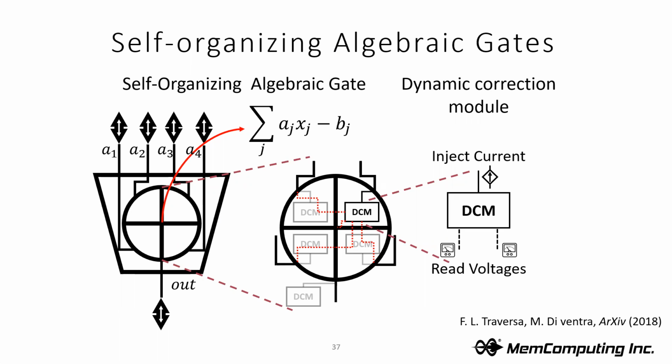The entire circuit, an interconnection of those gates, will try to find an assignment to the variables that satisfies all constraints at once. The idea is very similar to self-organizing logic. In fact, those gates are composed of dynamic correction modules, and they do the same work: they inject currents in order to change the state of the voltages according to the entire state of that gate.